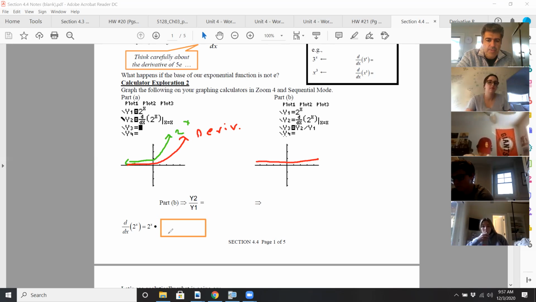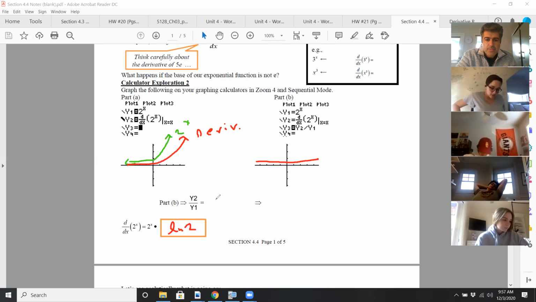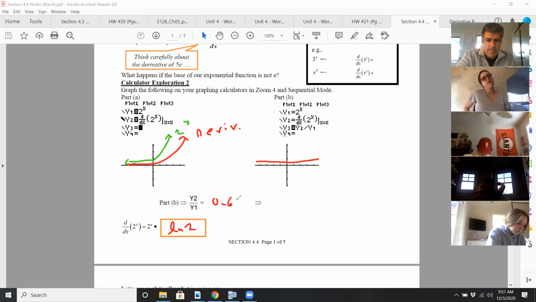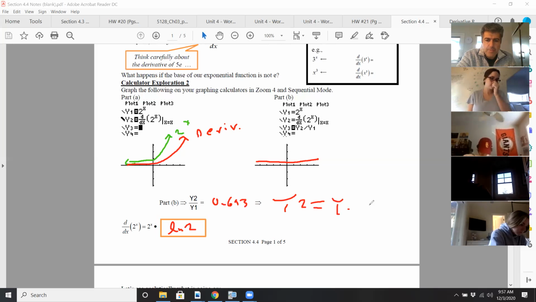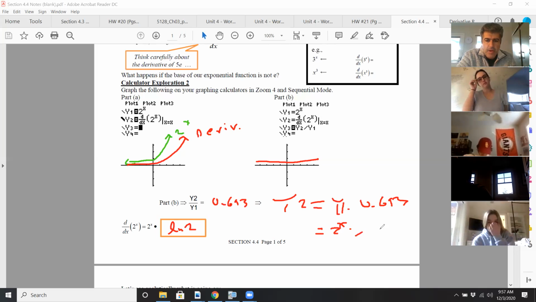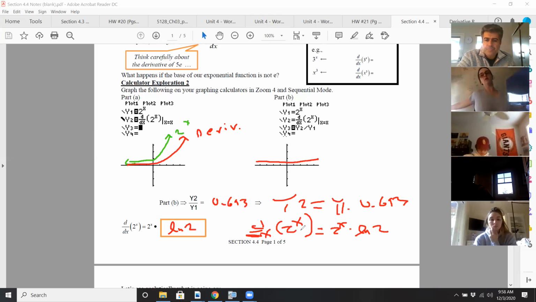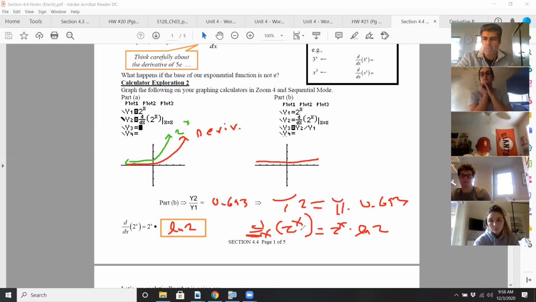So the derivative of 2 to the x is 2 to the x times ln of 2. Again, what's happening here was at 0.693. So y2 was y1 times 0.693. And again, y1 was 2 to the x, and 0.693 is ln 2. Hopefully that makes it more clear now. And y2 was just the derivative d dx of 2 to the x, right? So hopefully we're okay with all that.